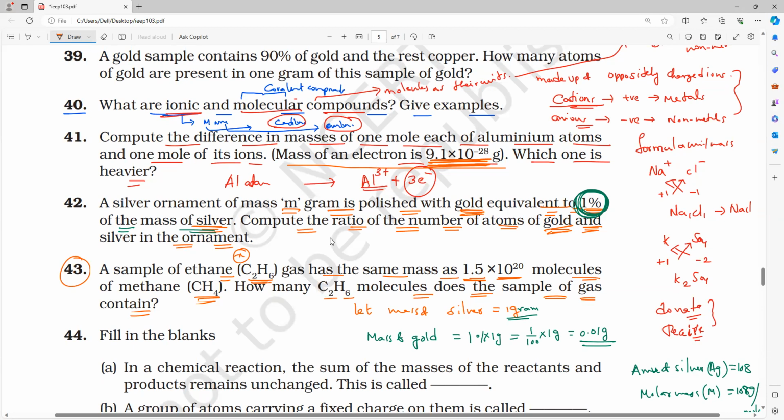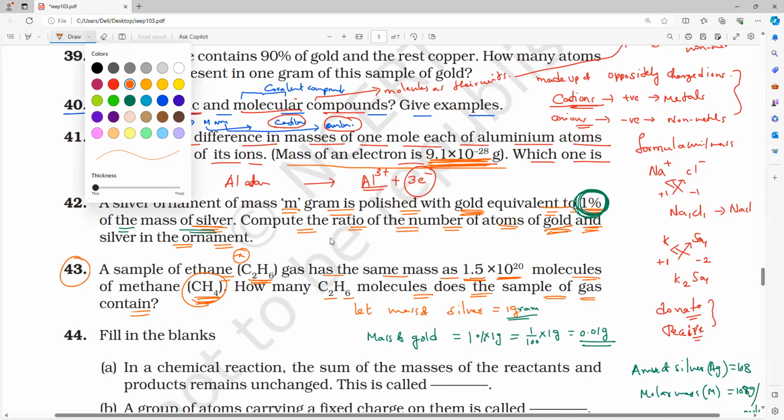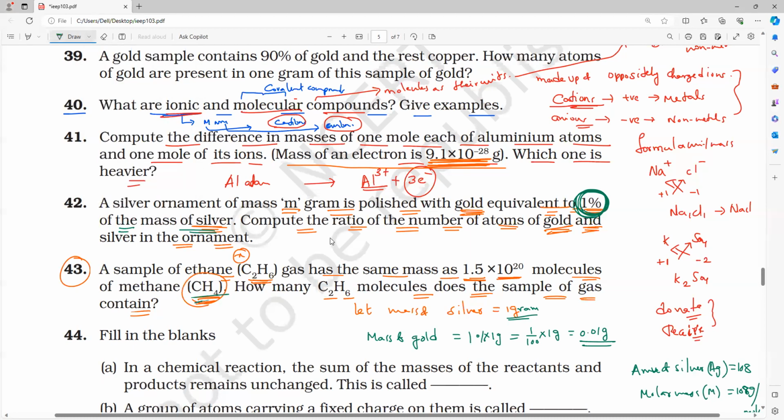First, we know clear data about whom, guys, ethane or methane? Methane. We know clear data about methane because they gave the number of particles. So shall we calculate the number of moles? We can find it or not, everybody?